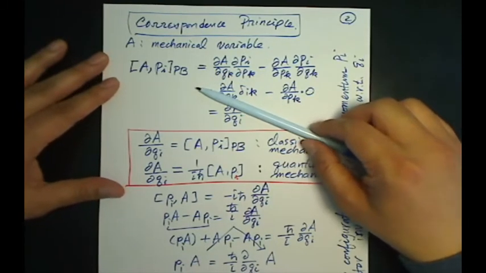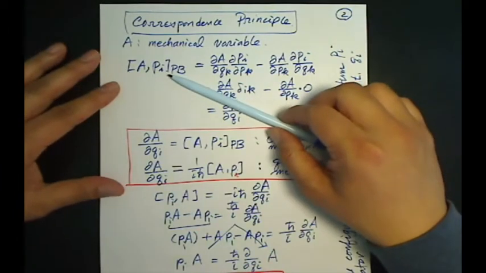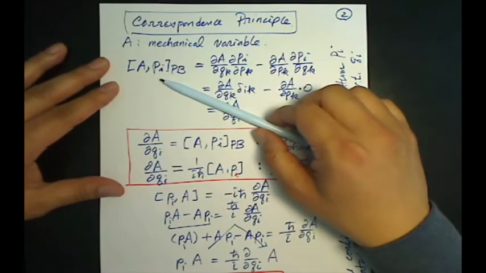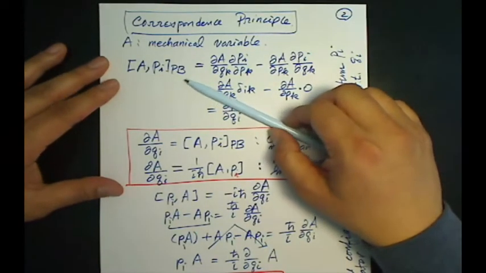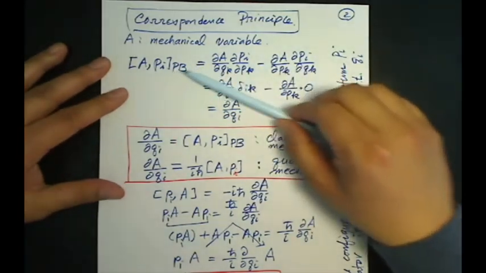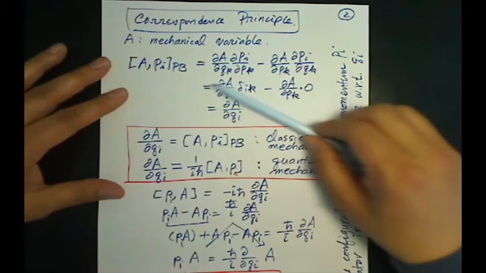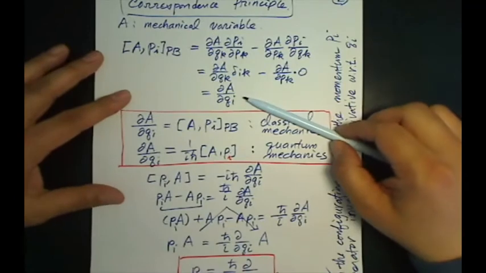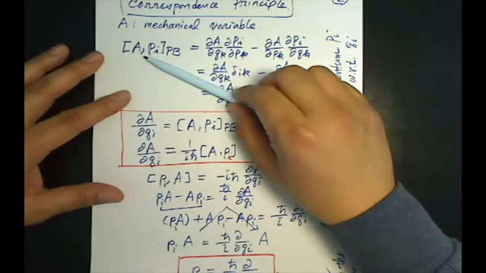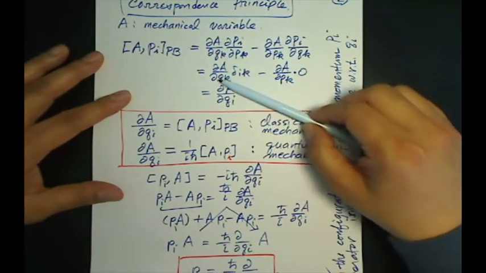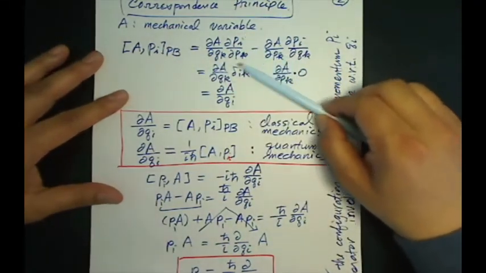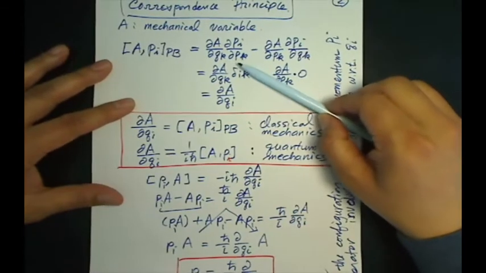What happens in the case of the momentum operator with any mechanical variable? The Poisson bracket of any mechanical variable and the conjugate momentum can be expressed as a sum over k of the derivative of A with respect to q times the derivative of q with respect to p, minus the derivative of A with respect to p times the derivative of p with respect to q. The answer: the mechanical variable A appears as a derivative with respect to the coordinate, and the momentum appears as a partial derivative with respect to the momentum.